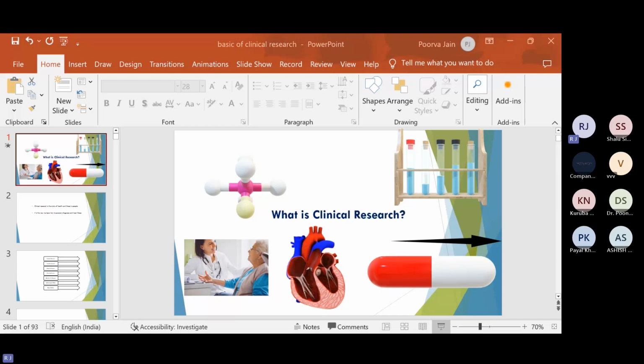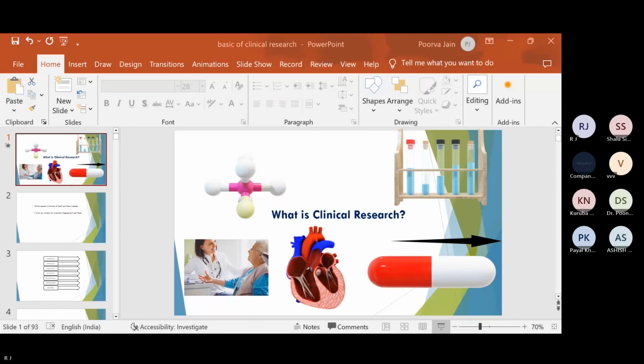For example, malaria, or for example, congestive heart failure. Okay, so there are many ways to prevent congestive heart failure, right? Lowering of the cholesterol, controlling of blood glucose, or maintenance of the blood pressure. But there are many drugs which are targeting these things.